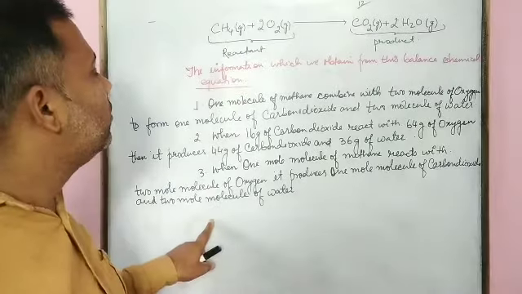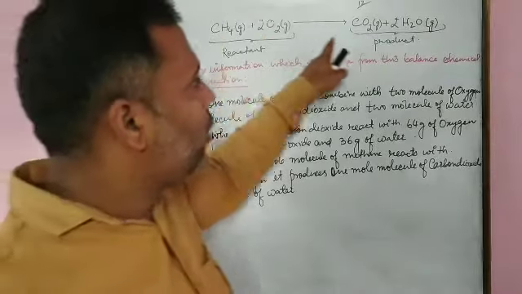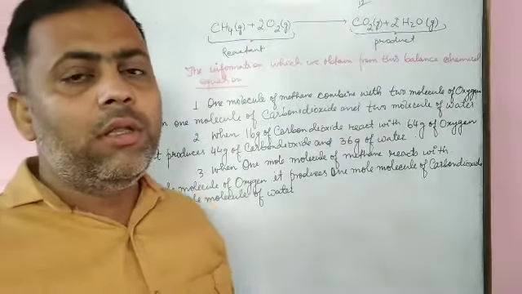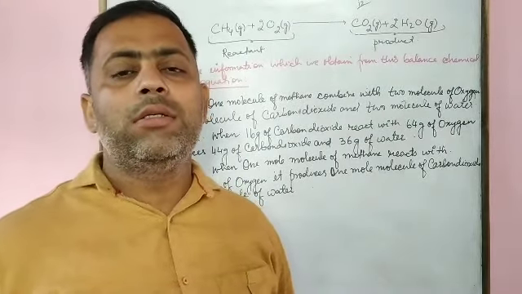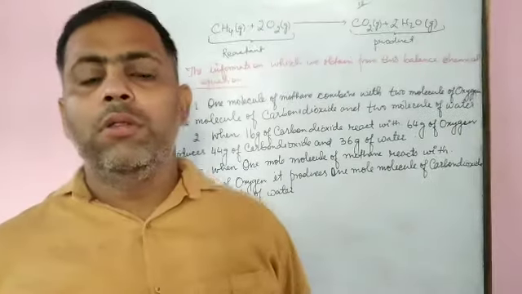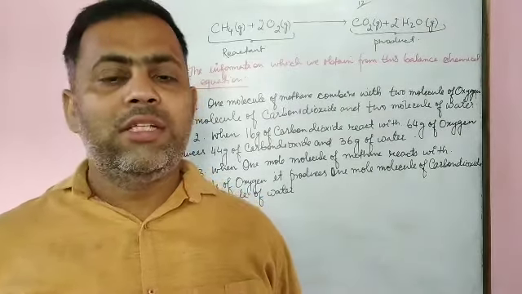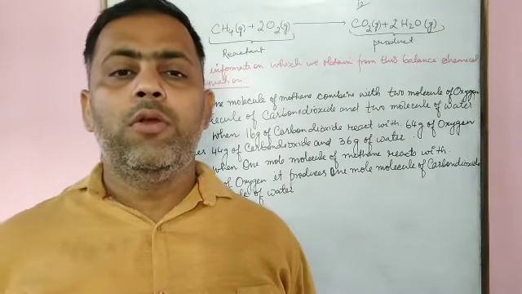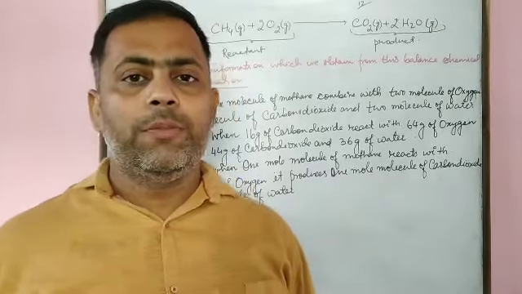Next, we see here all the reactants and products are in gaseous state. Then we also have a relation in volume. We know that at STP, 1 mole of any gas occupies 22.7 liter of volume.